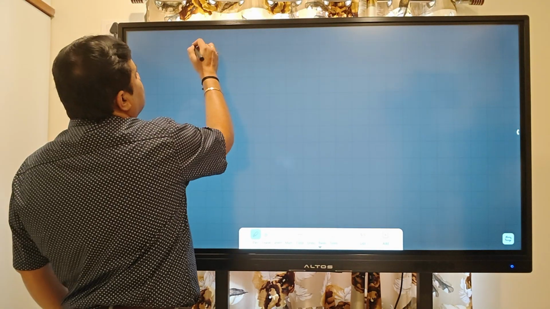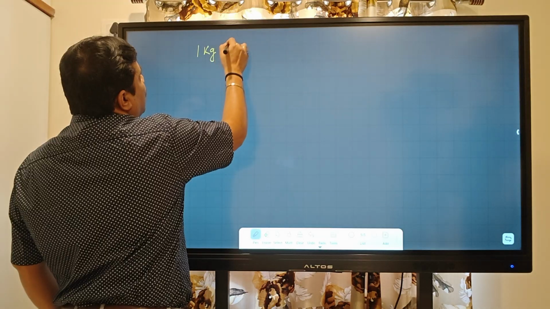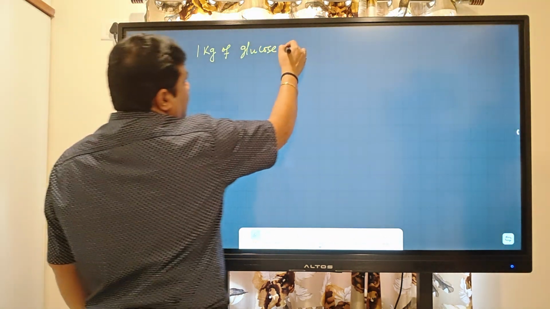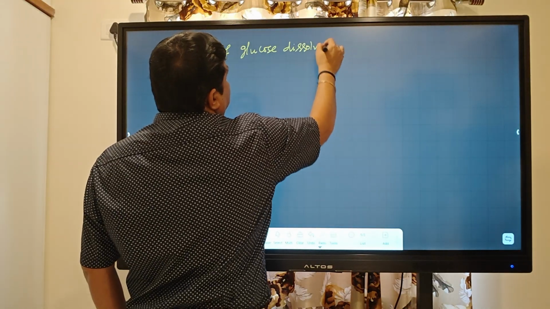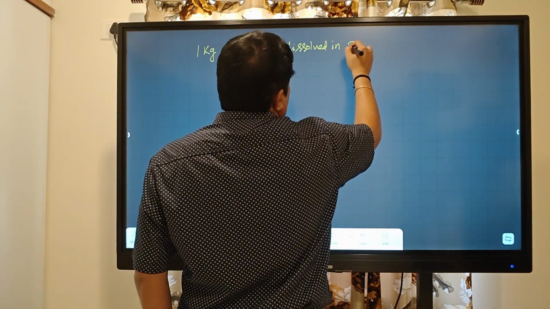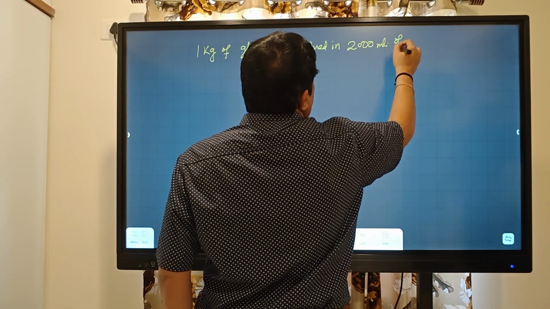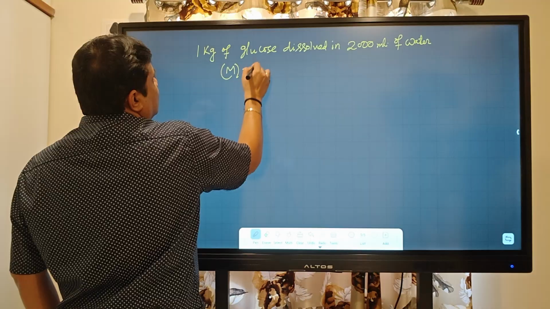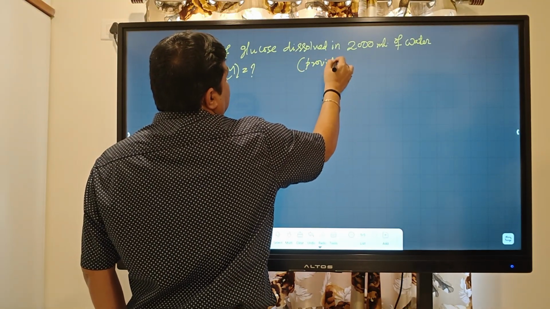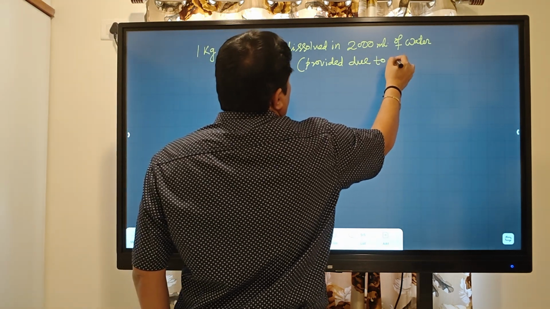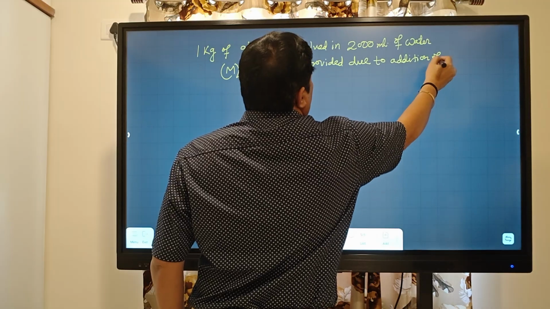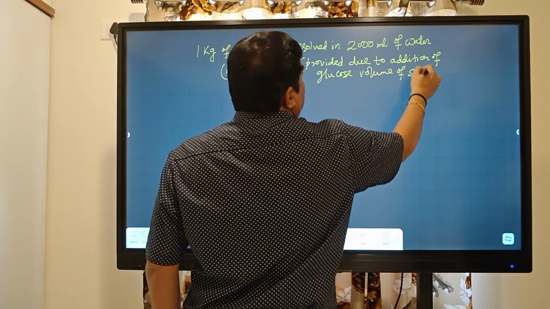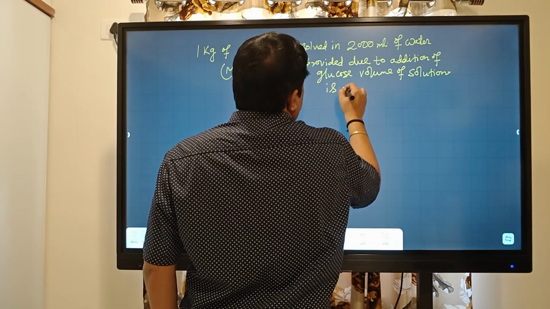If they give you 1 kg of glucose dissolved in 2000 ml of water, and they are asking what is the molarity of the solution, and they tell you that due to the addition of glucose, the volume of the solution is not changing. The volume of the solution is not changing.